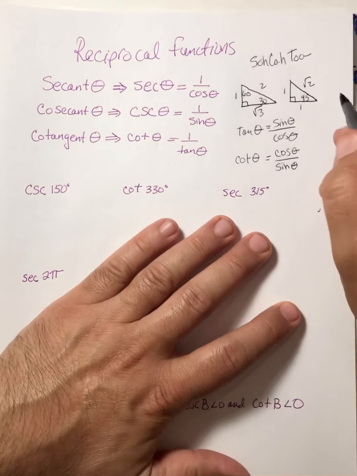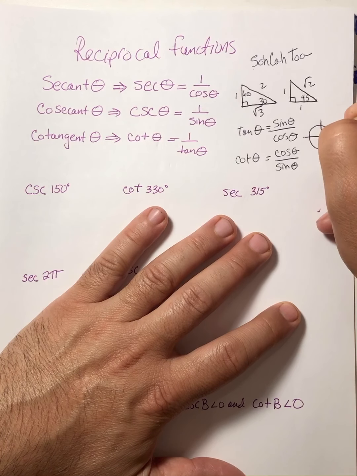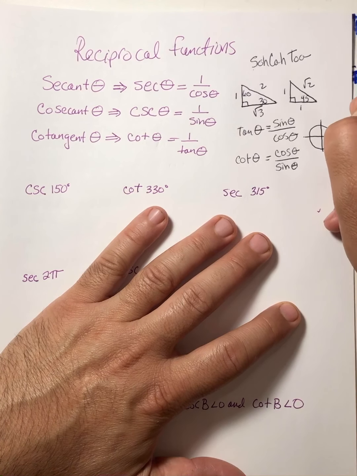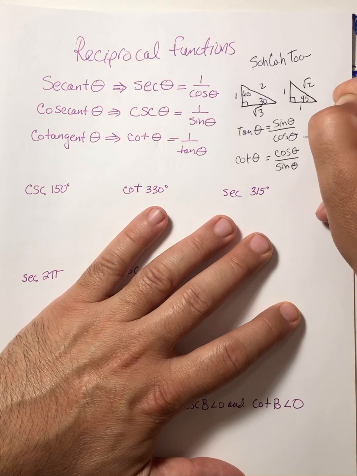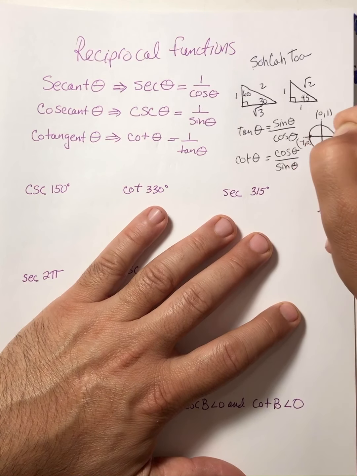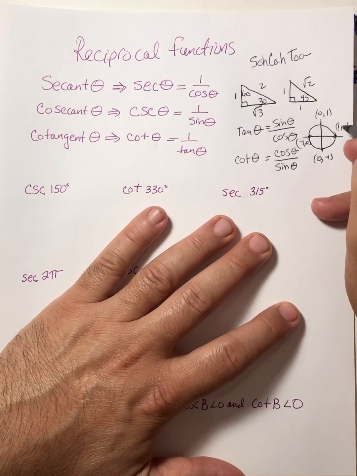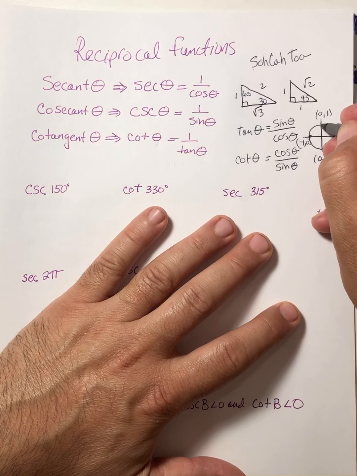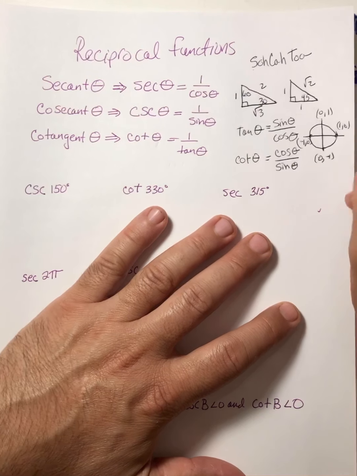And then we need to know our unit circle. One, 0, 0, 1. So we have our 0, our 90, 180, 270.